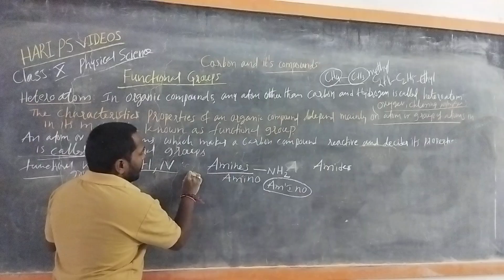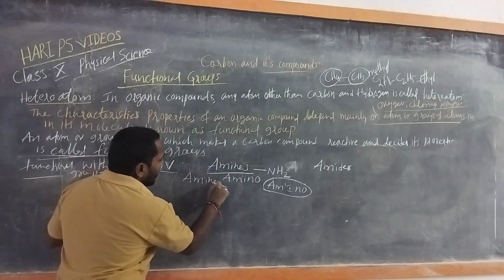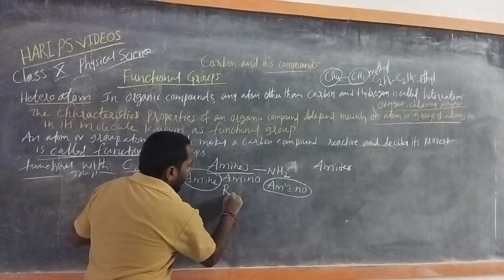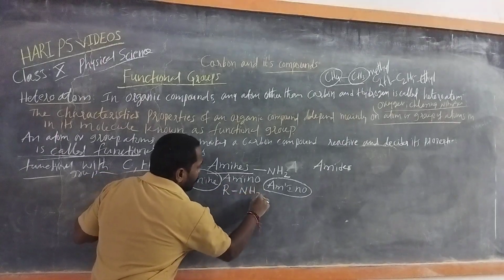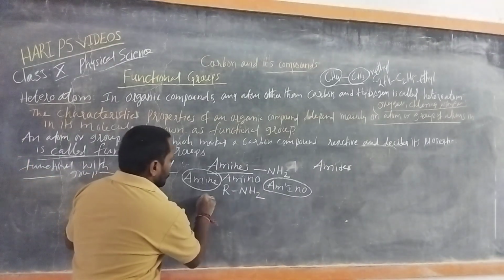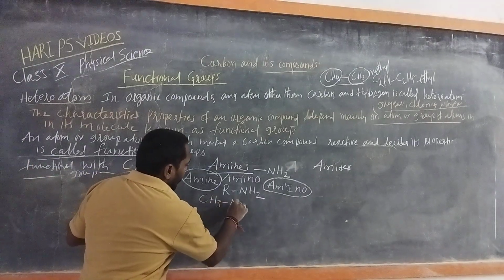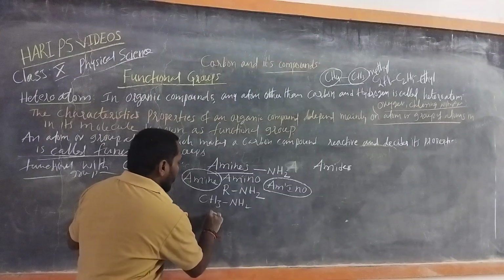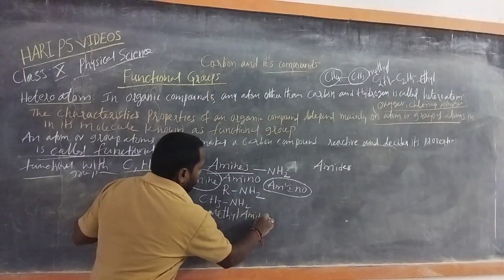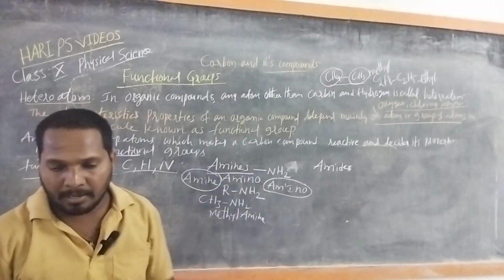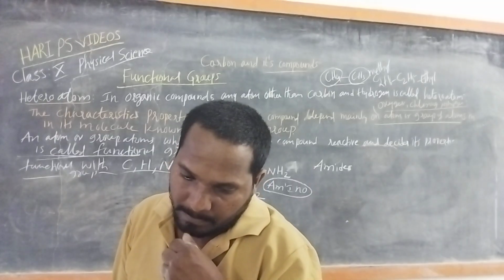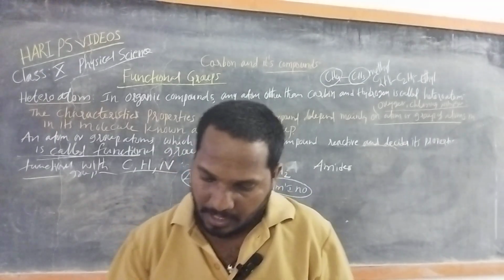The amino group is generally called an amine. The general formula is RNH2. For example, CH3NH2, methylamine. One example is enough.